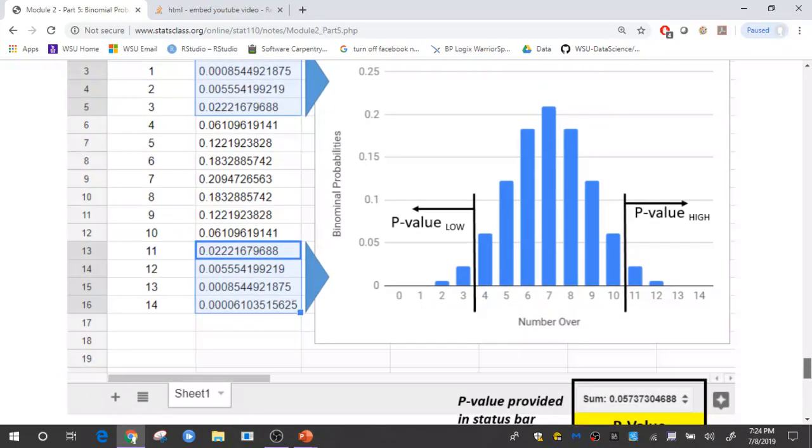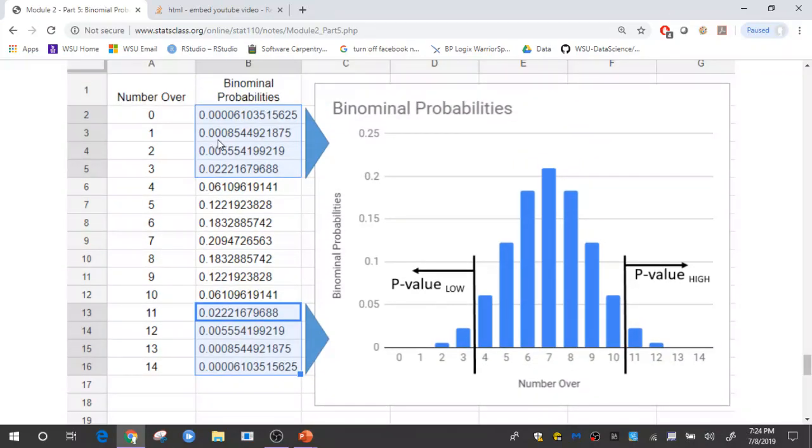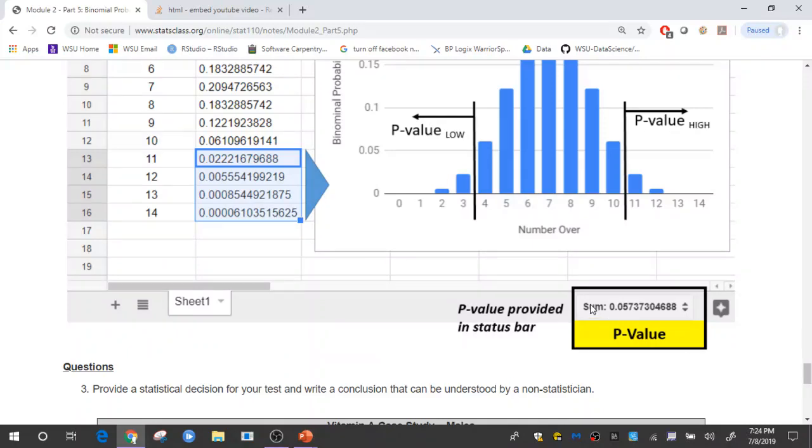In order to highlight two different sets of cells that aren't next to one another inside of a spreadsheet, you need to hold down the control button on a PC, or I believe it's the command button on a Mac will also do the same thing. So I needed to highlight these cells, hold the control button down, and then highlight these cells here. And again, the computer will compute the sum of those down here in the lower right-hand corner for me. And that's my p-value, 0.0574.